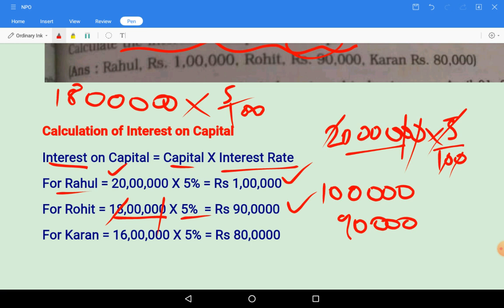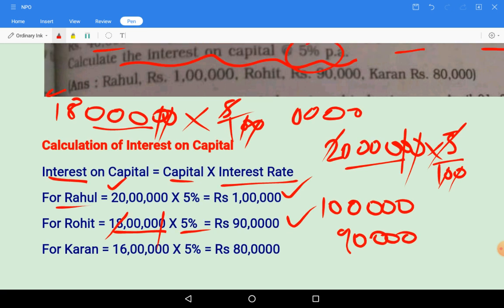Again here the zeros get cancelled. 5 eights are, how many zeros are there? 3 zeros are already there. 5 eights are 40, so 0 and 4 carried. 5 ones are 5, 5 plus 4 carried, 9. So 90,000, that is your calculation.